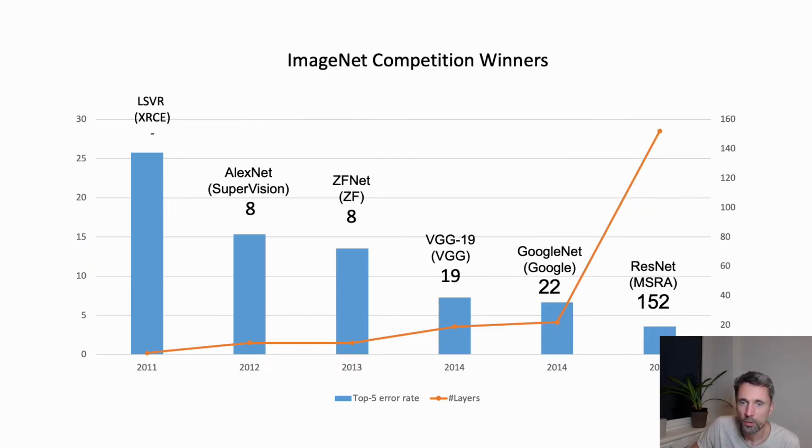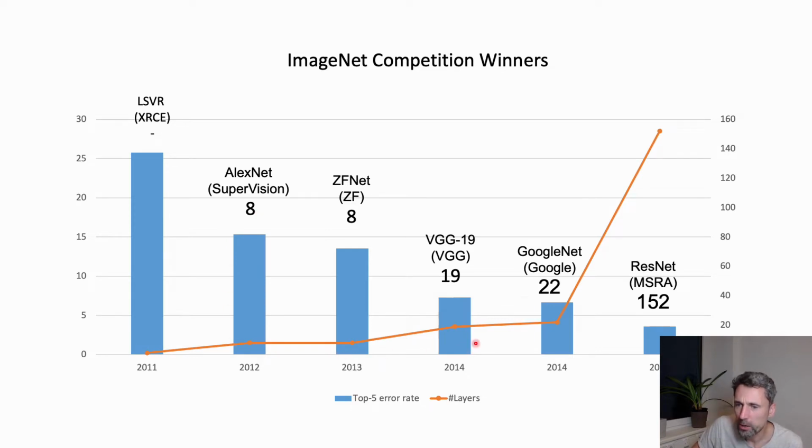So in terms of architectural improvements in the history of neural networks, the most obvious development was that models became deeper and deeper. Looking at 2012 and AlexNet as the model that won the ImageNet competition in that year, it had only 8 layers.